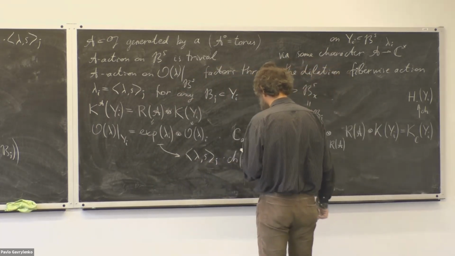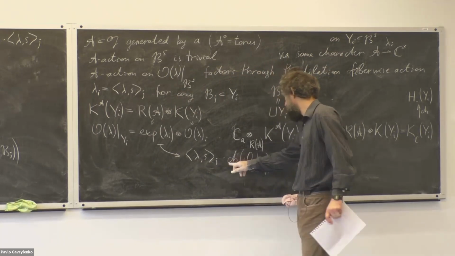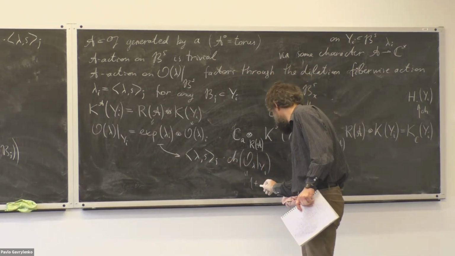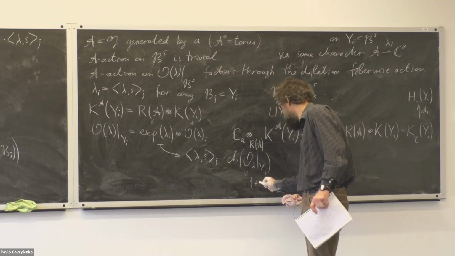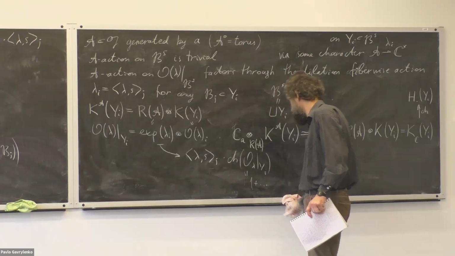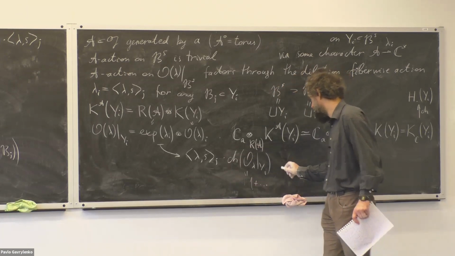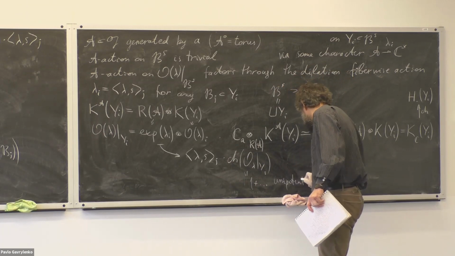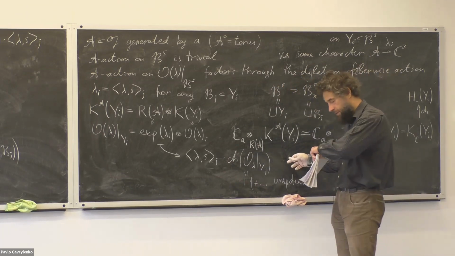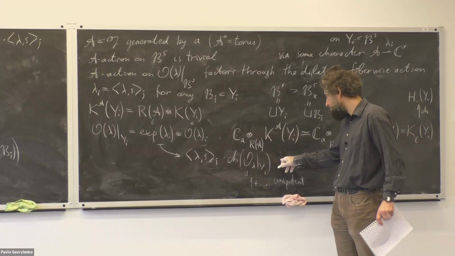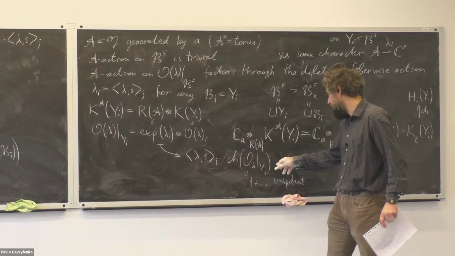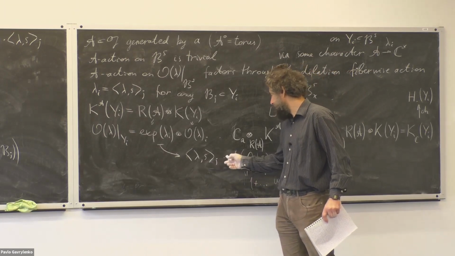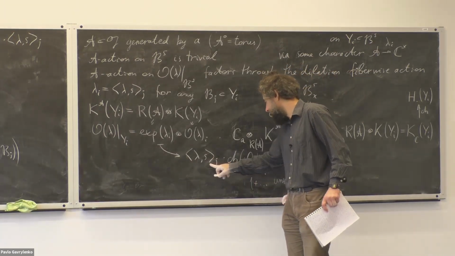Okay, but the Chern character is an element of the sort 1 plus something in the higher cohomology. So this is a unipotent operator, and it does not change the trace, the character. So essentially, the trace will be just this times the dimension.